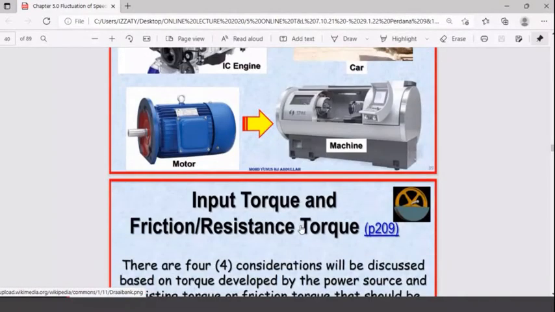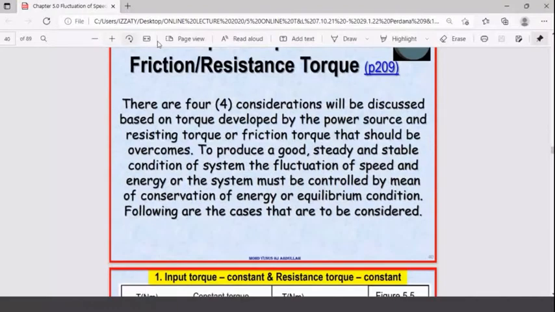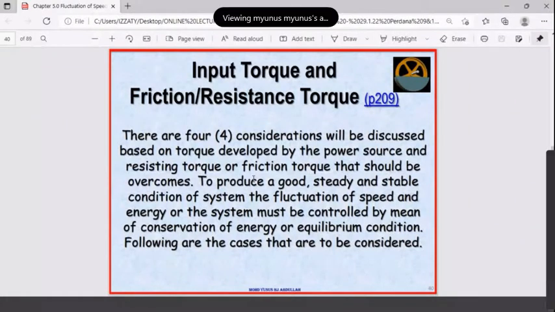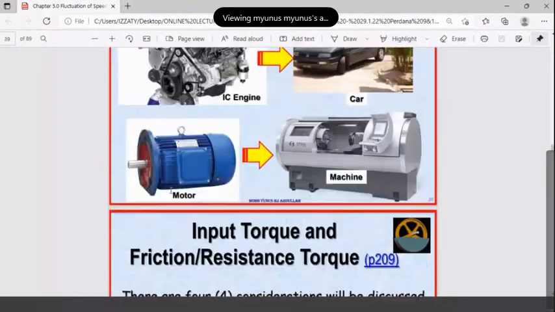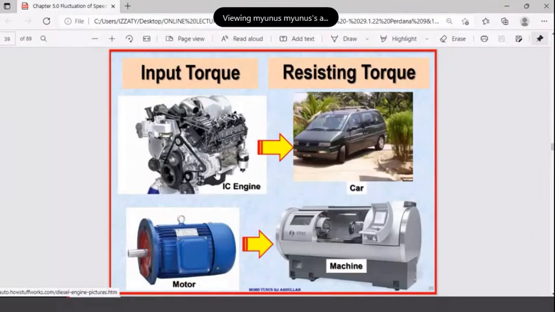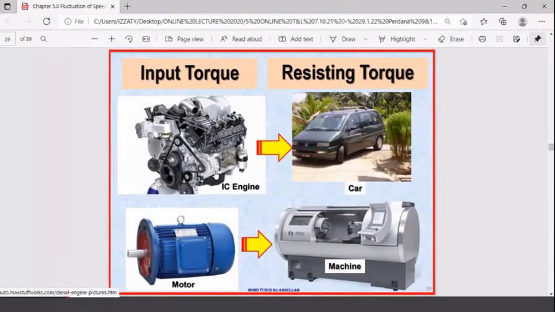I go further. The next one. If you remember in my last lecture, I did mention there are four cases you have to understand. The cases are regarding the input torque and also the resistant torque. So the input torque is basically coming from this one. As I mentioned earlier, this one is coming from the internal combustion engine, and the resistant torque is, let me check, yes, I have a pen with me.